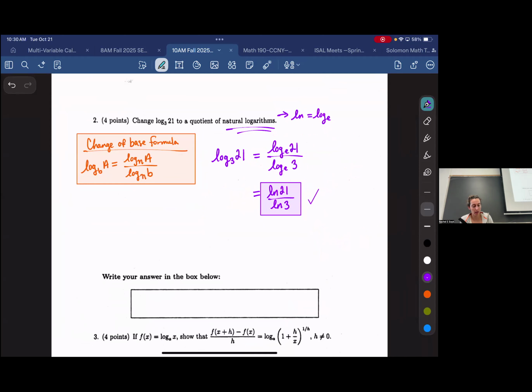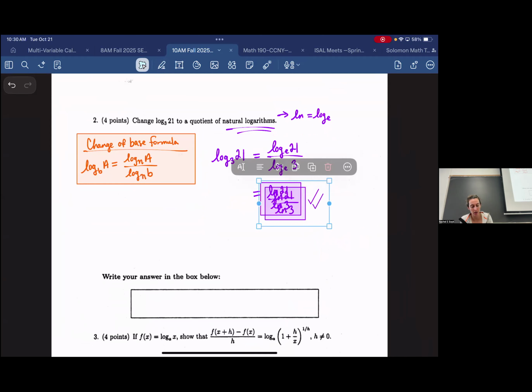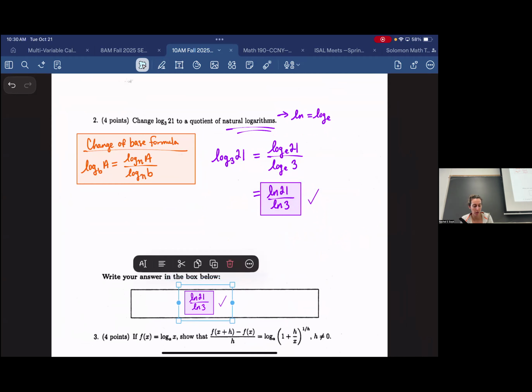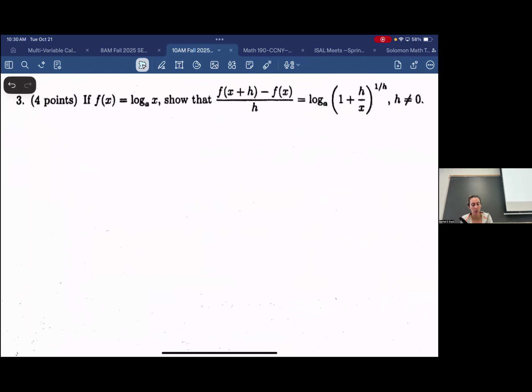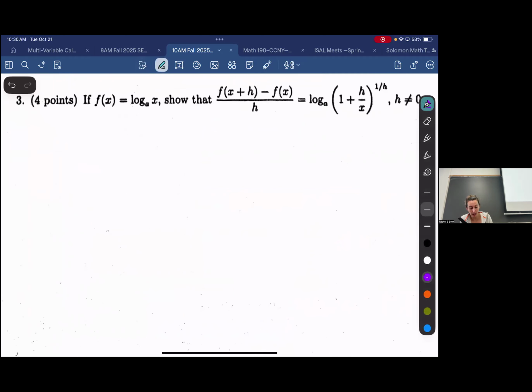Okay. And then finally, we have our last question, which was a proof question. We wanted to show that that left-hand side is indeed equal to the right-hand side. And so anytime you're asked to show, you want to keep one side constant.